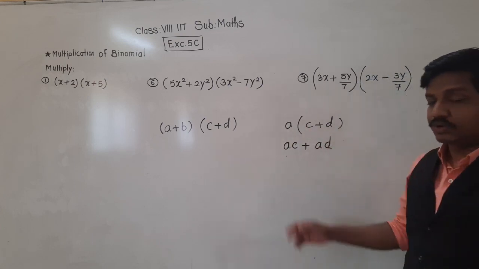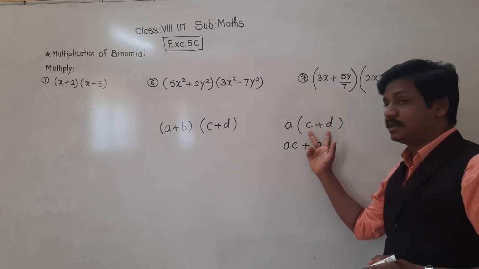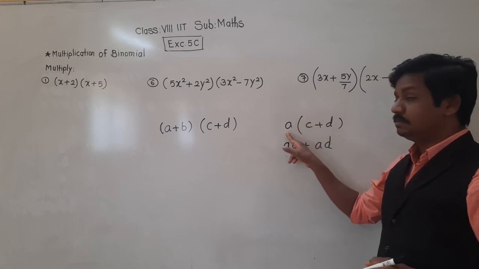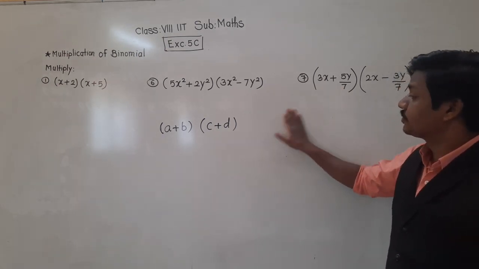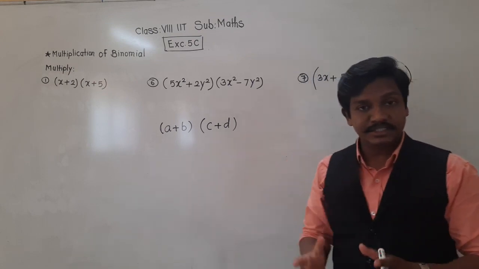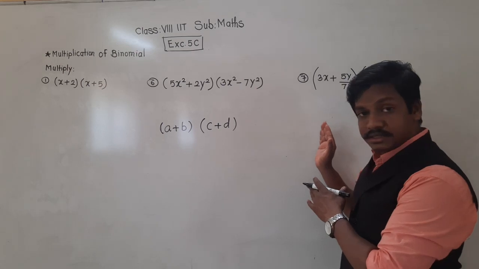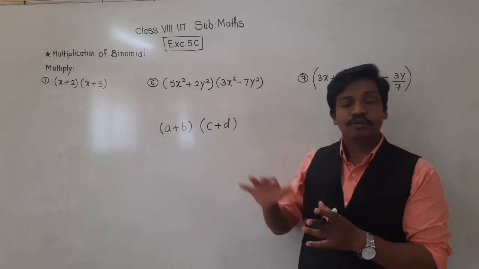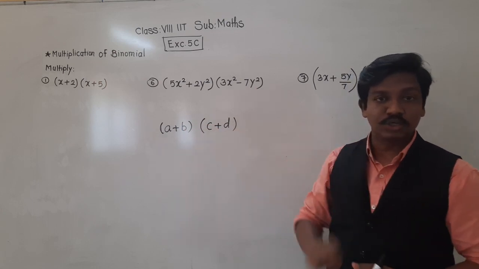That means we multiplied both the terms in the bracket by the term outside the bracket. The same thing we are going to do here, but one step is extra. Here we used the law of distribution, and the same law we are going to use two times.